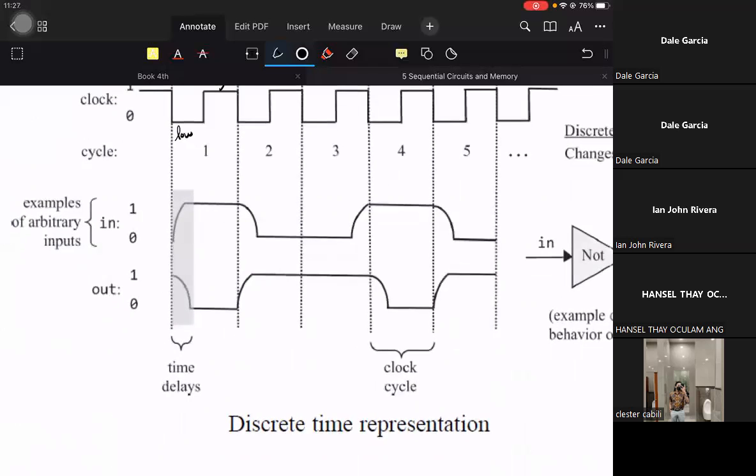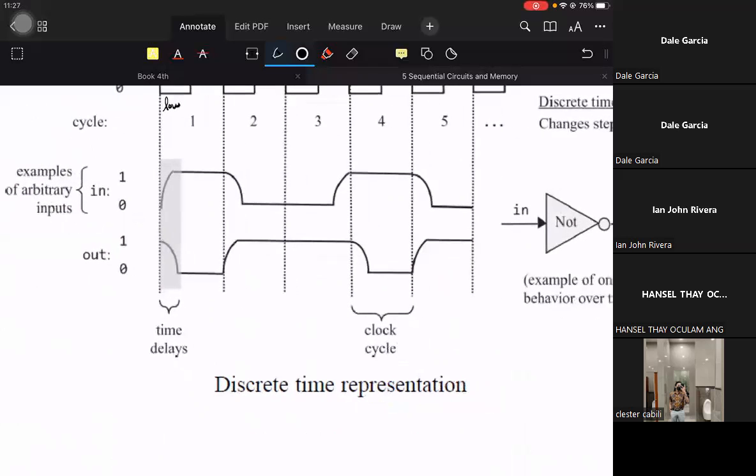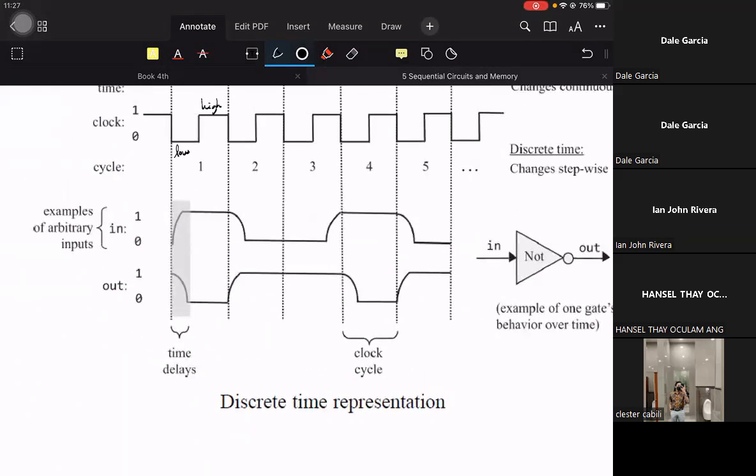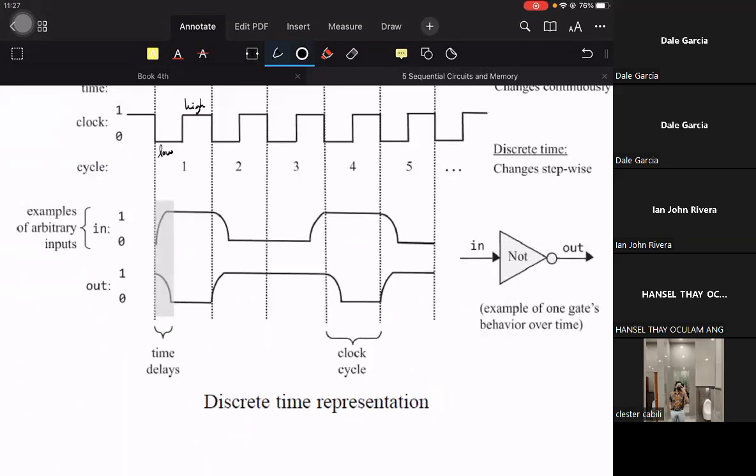So also in logic circuits or combinational logic circuits, because time is unimportant yet, we have not yet considered delay, the phenomenon called delay.